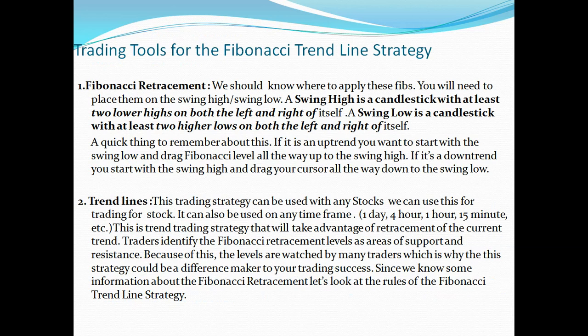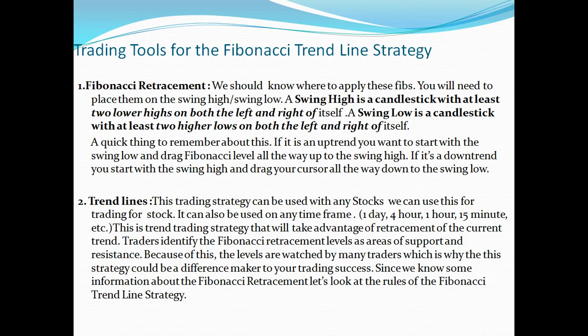For the Fibonacci trend line strategy, you have to use two things only. You don't require any indicator; you use only Fibonacci and trend line. Fibonacci retracement I will show you. We should know where to apply Fibonacci.